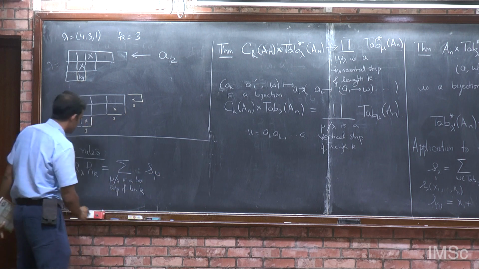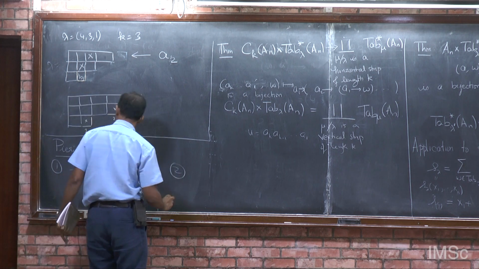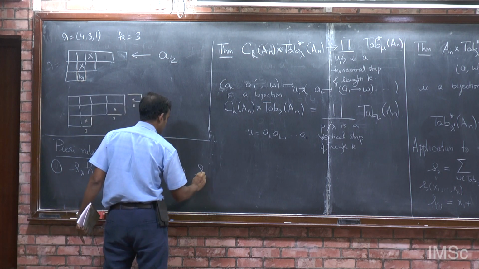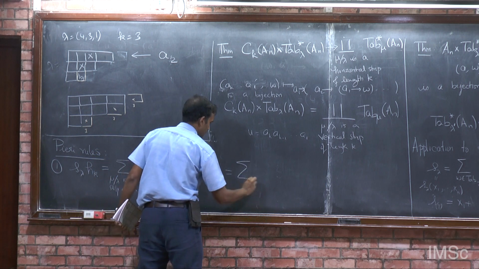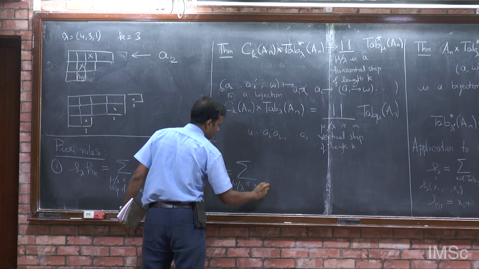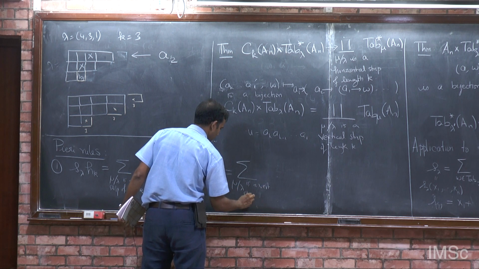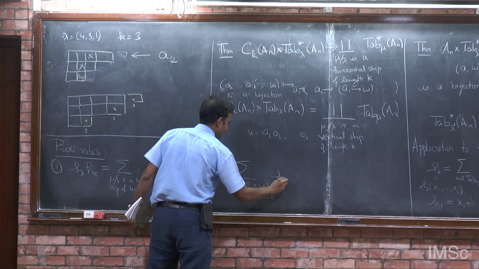And the other, second Pieri rule is S lambda E k is the sum over mu such that mu minus lambda is a vertical strip of length k, S mu.